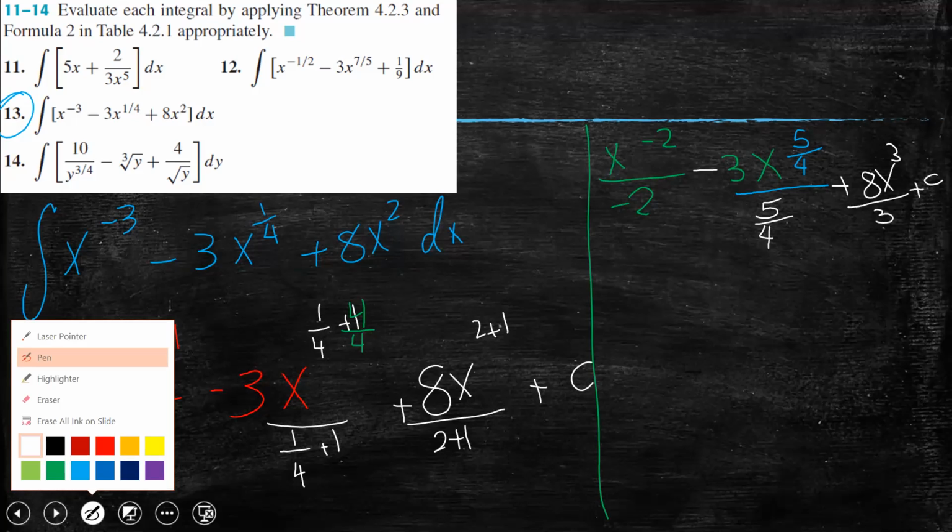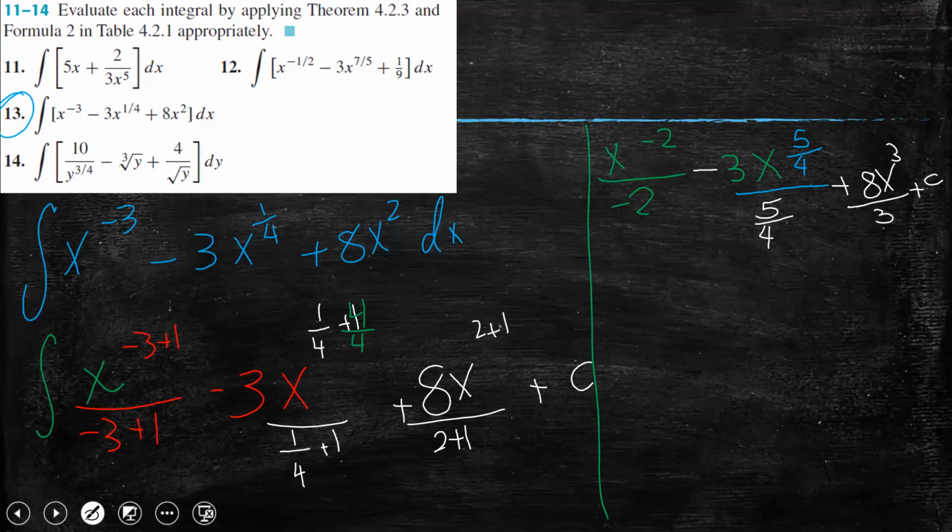Then after that here we have, you can simplify it as negative 1 over 2x squared, because here I have 1 over negative 2, I can write it as negative 1 over 2. And x to the power negative 2, I will write it as its reciprocal with the opposite exponent, so it comes like x squared.